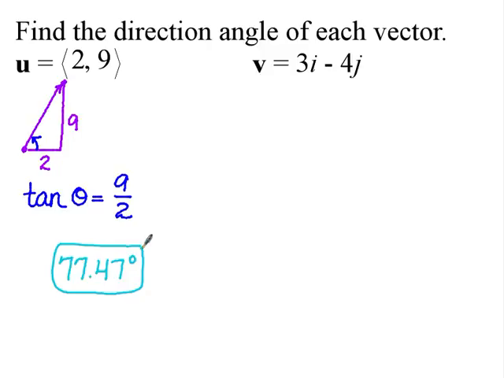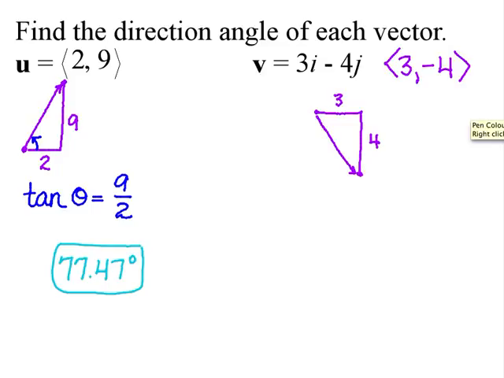That's it. Now on the next one, this is the exact same thing, except it's written in ij form. If you don't like the ij form, this is just 3, negative 4. So if we draw 3, negative 4, that means this way 3, and then down 4. Now this one's going to be a little different, because we have to look at where we're located. So now I'm going to do the tangent, because I'm finding this angle right here.